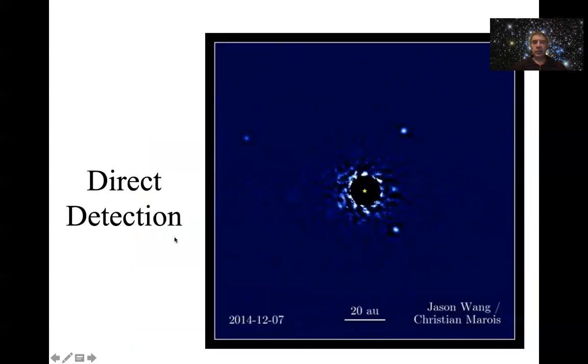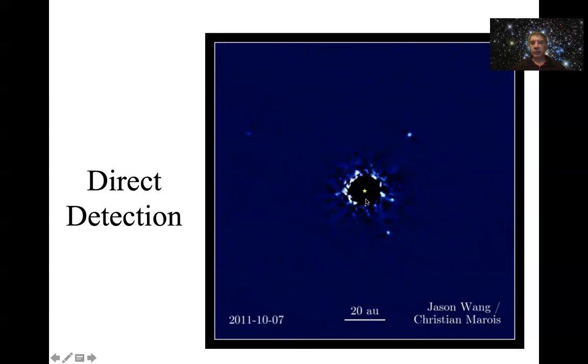Okay, so you might have been thinking, can we just go and directly look for planets around other stars? You can, and it has been done. Here is a nice example where you can actually see a time sequence of images. These images are made in the near infrared. They're made with this adaptive optics technique that takes out the turbulence of the atmosphere and delivers near diffraction limited images.